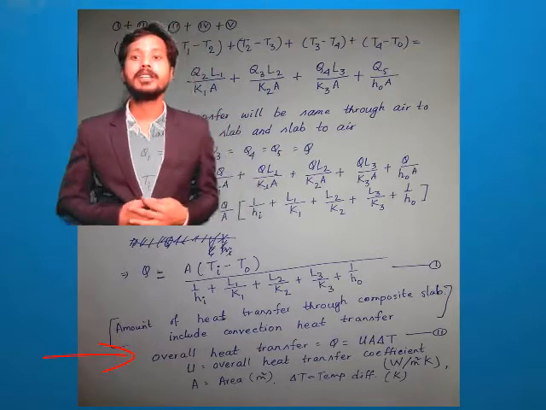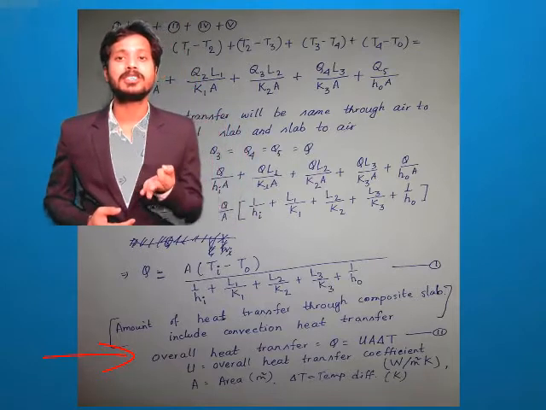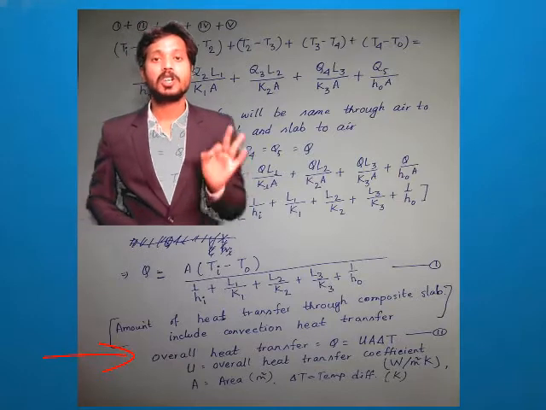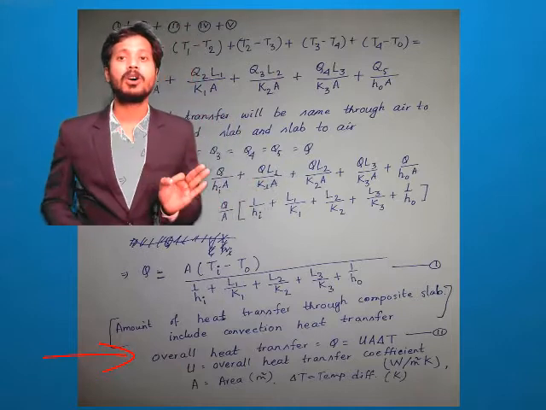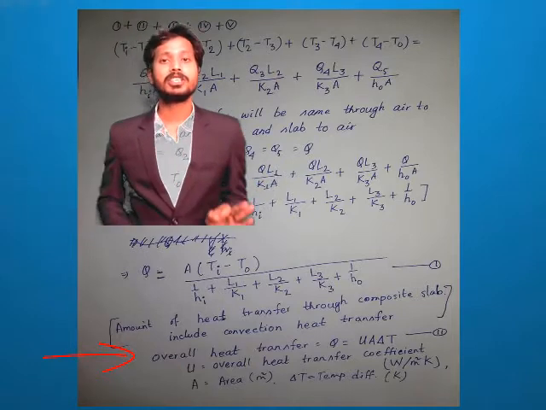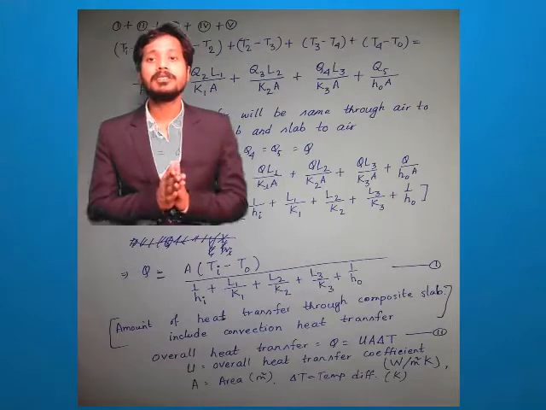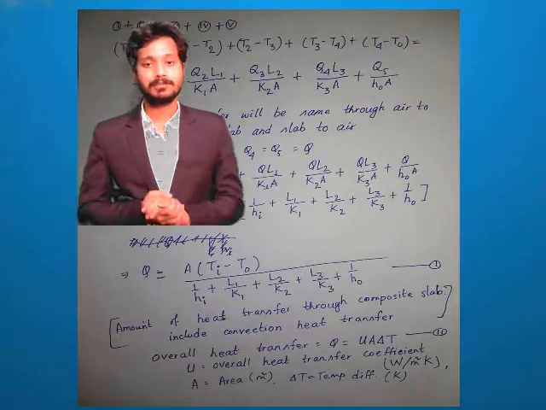For this we take the overall heat transfer coefficient, and the nomenclature is U. So what is this U? U is called the overall heat transfer coefficient. And why is it needed? Because now you are taking the combination of the heat transfer.